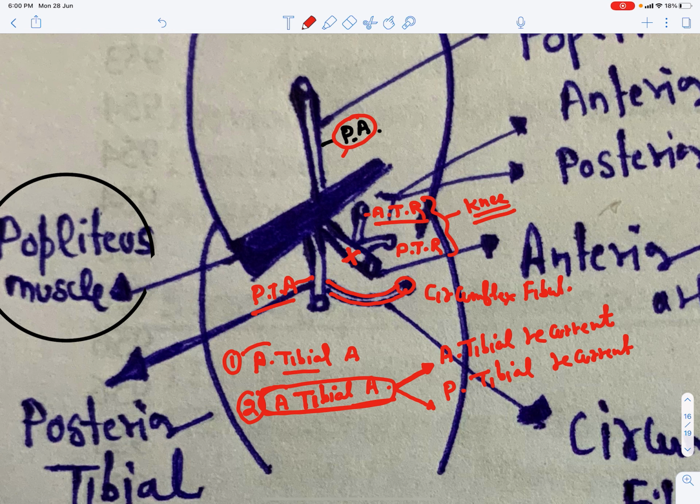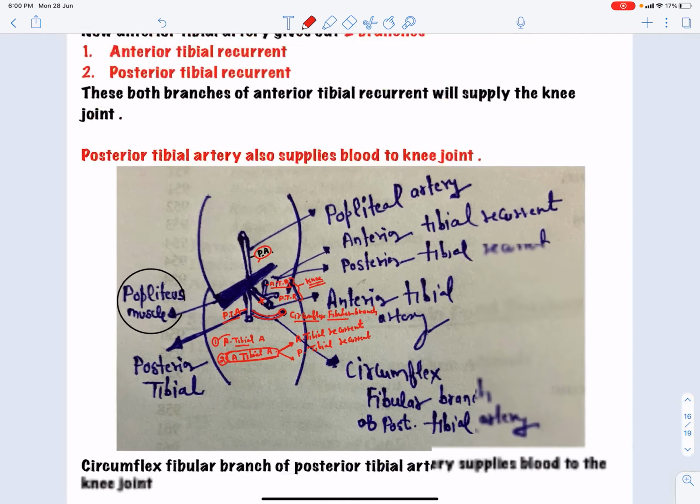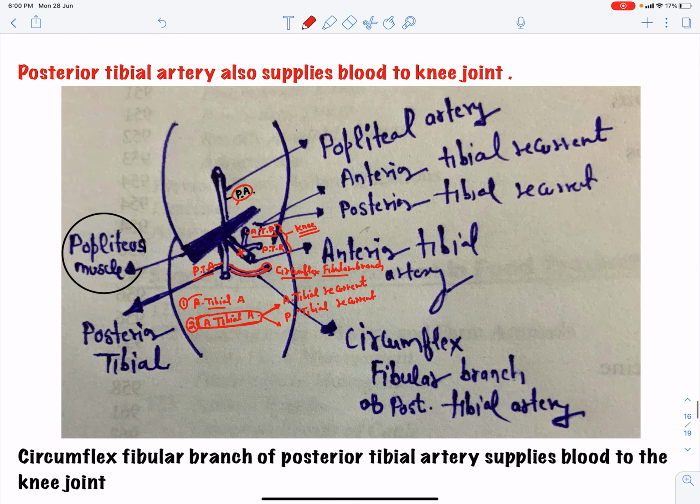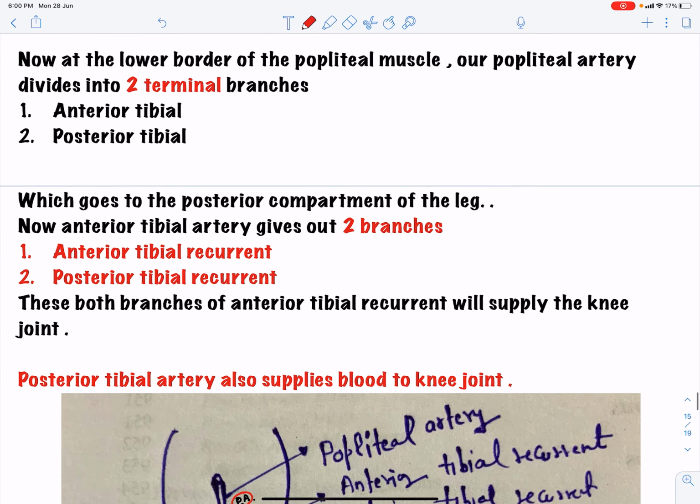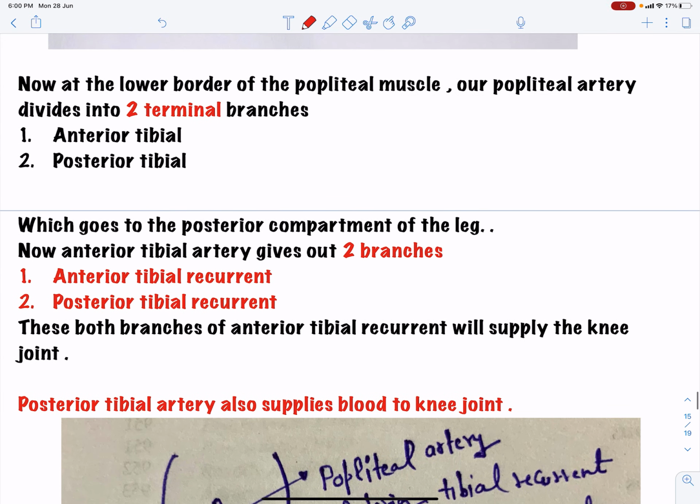In the lower leg we have the tibia and fibula. So the circumflex fibular branch of the posterior tibial artery also supplies blood to the knee joint. So this is all about the blood supply of the knee joint. Thank you very much.